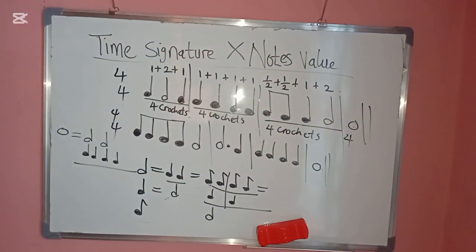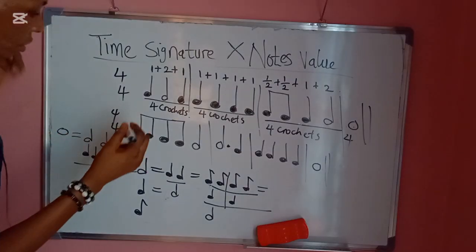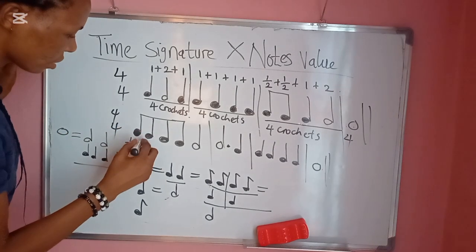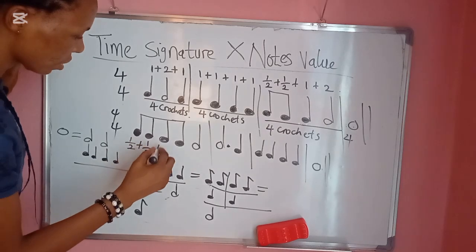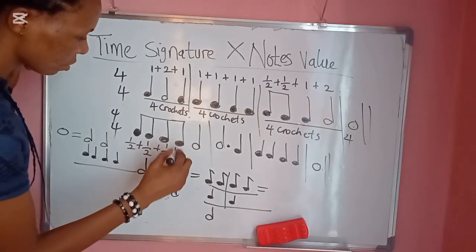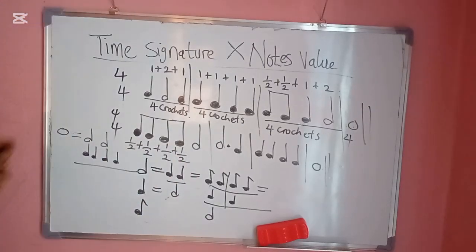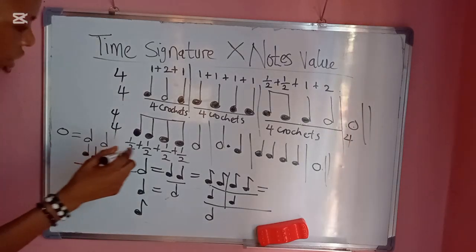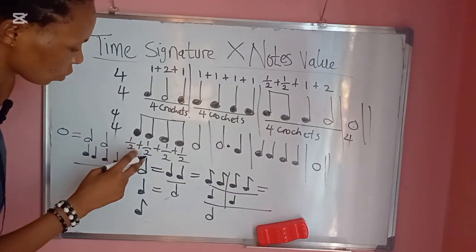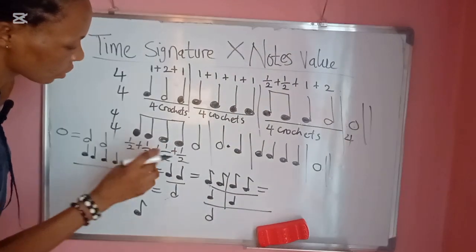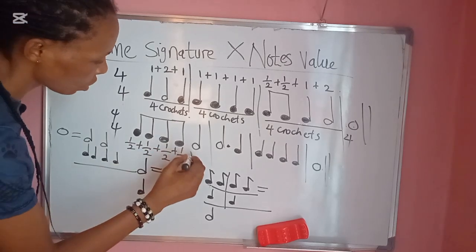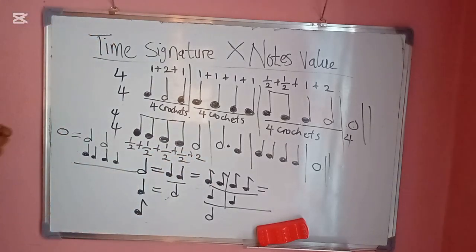Can you see how it works now? And then here you can see that we have half plus another half plus half plus half, which is equal to 1, and another 1. So 1 plus 1 is 2, plus 2, which is 4 crochets also.